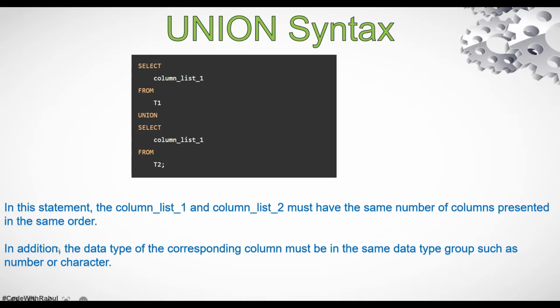The second point: the data type of the corresponding column must be in the same data type group, such as number or character. Let's suppose the first column in the upper query is A having data type varchar. Then in the second select query, the first column data type should also be varchar. These are the two very important points you should remember.